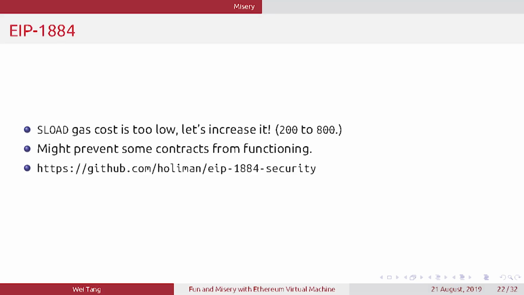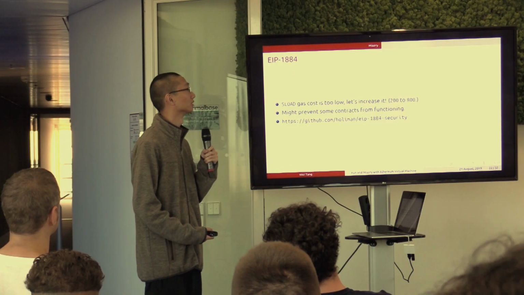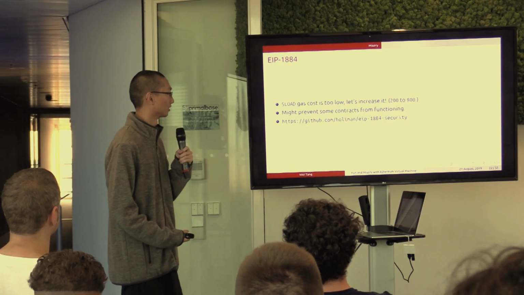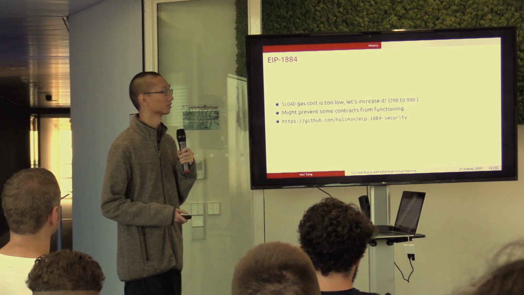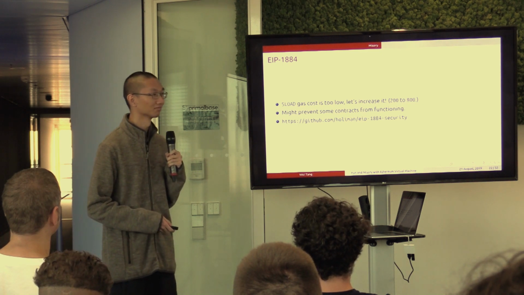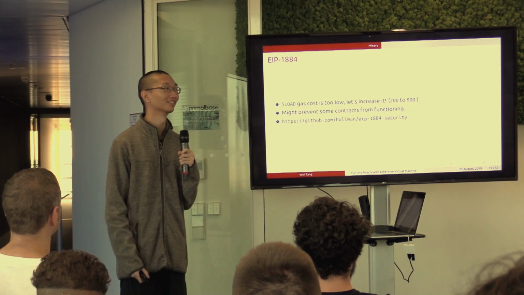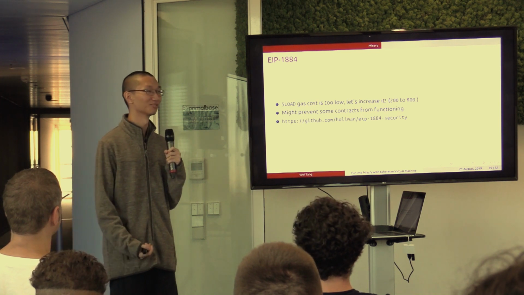We found some recently deployed contracts that will not function under the new gas scheme under 1884. And there are also other issues, for which there's a really great analysis provided by Martin. If you want to look, here it is. So now we have a case where increasing gas can also be unsafe.